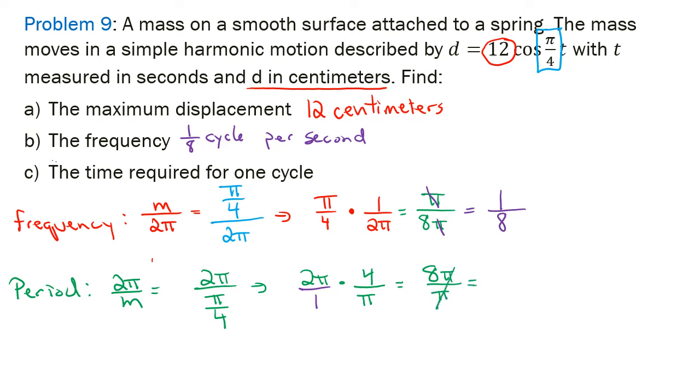The pi's cancel out, leaving 8. So one complete cycle, our period, is 8 seconds. Which you could also figure out by realizing if you found the frequency first and it's 1/8, that's the thing that happens within 1 second, for that to make a whole cycle, you need 8 over 8, so it has to be 8 seconds.